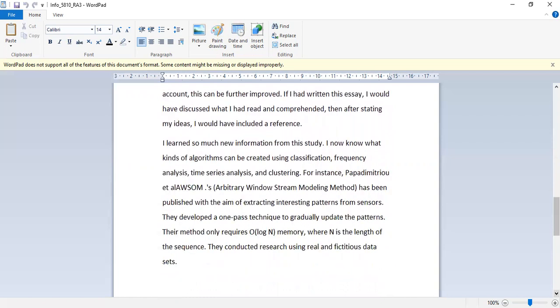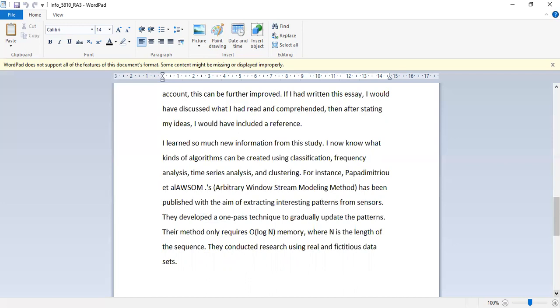And I learned so much new information from this paper. So I now know what kind of algorithms can be created using classification, frequency analysis, time series analysis, and clustering. So, for instance, I have seen an article that was written by Papadimitriou et al.